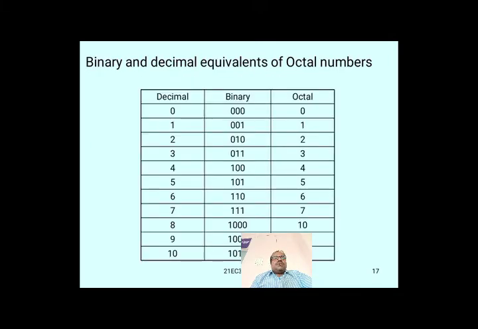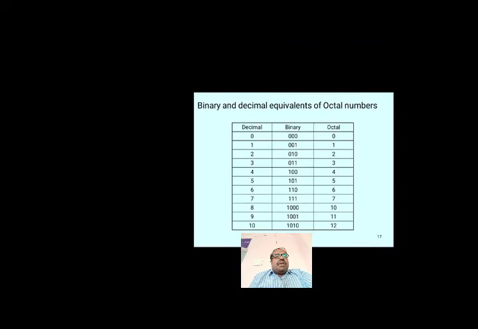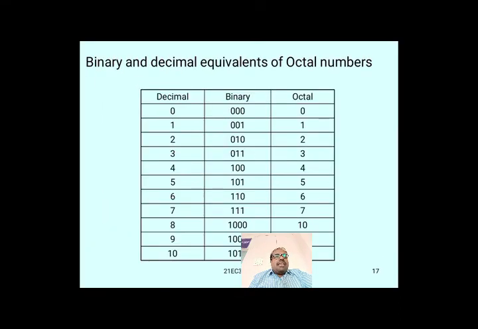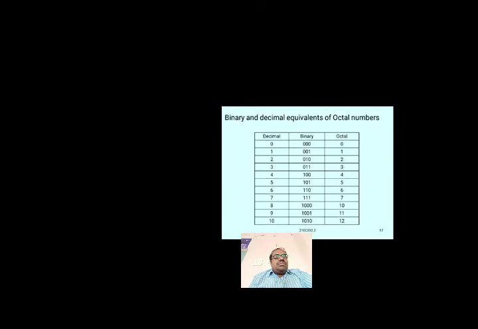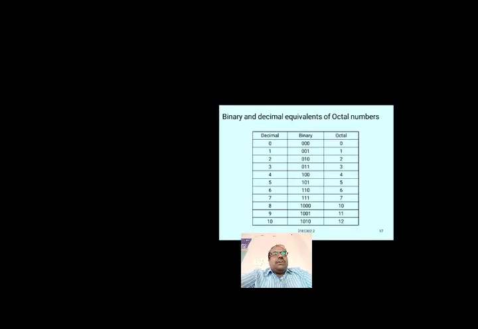Next, here I have given a table corresponding to binary, decimal and octal values. Please make a note of it. For 0, the binary value is 000, octal value is 0. For 1, 001, octal value is 1.